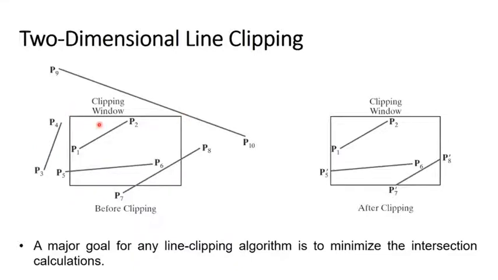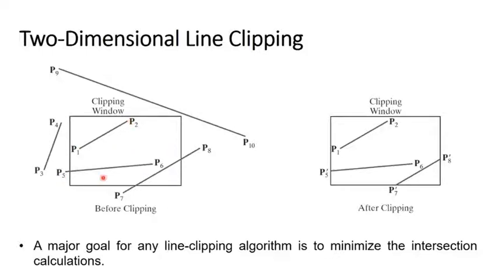So if I perform clipping, the clipping algorithm should eliminate this line because this line is completely out of my window. Should eliminate this line because this line is again completely outside my clipping window.